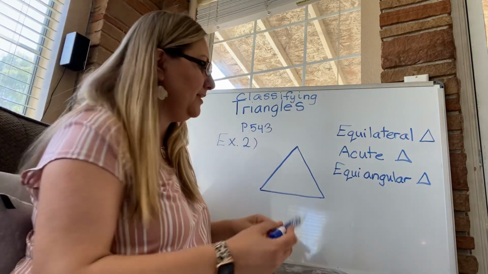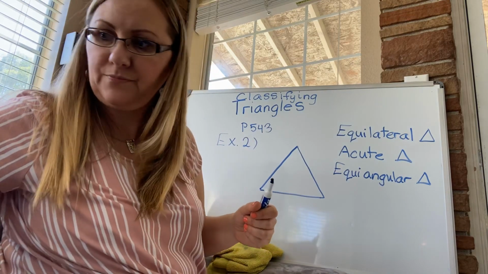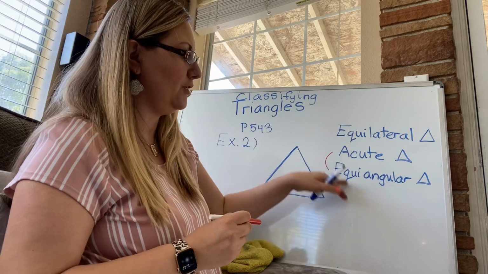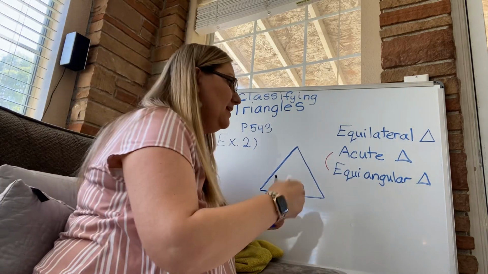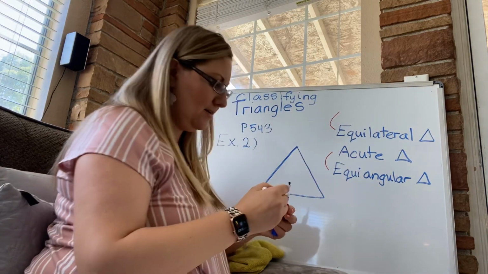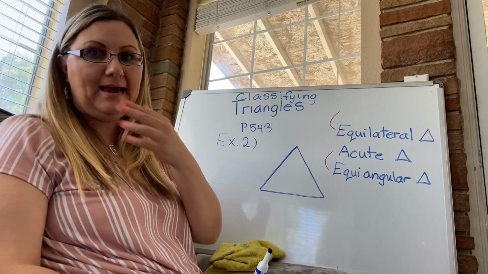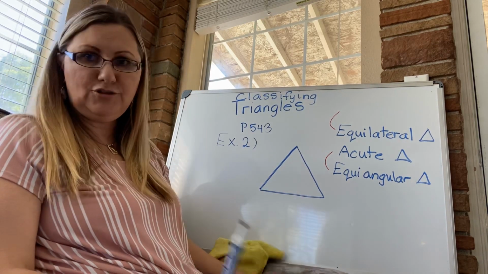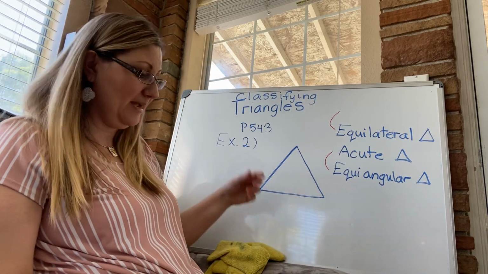So I'm going to group these two angle ones together, acute, where we looked at the angles, and now we're looking at the sides and seeing how many different ways we can classify this triangle based on the sides, right?